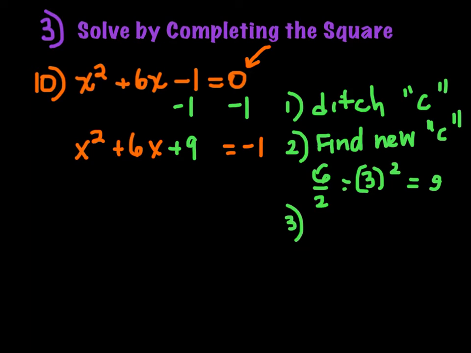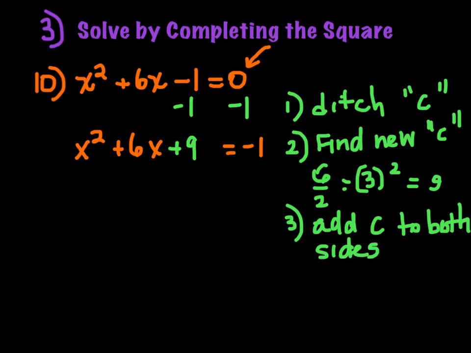What you have to remember is what I do on the left side of the equation, I have to do on the right side. So I'm going to add c to both sides. And what I have now is x squared plus 6x plus 9 equals 8.